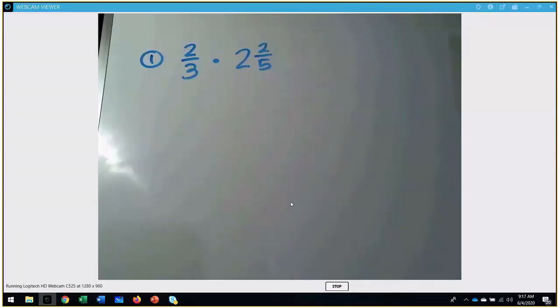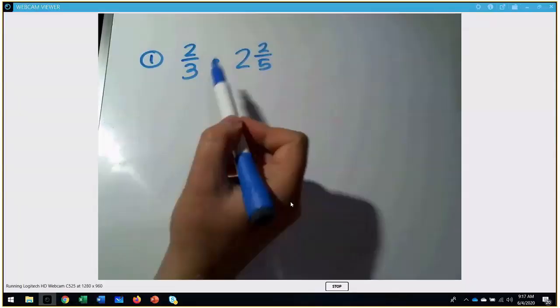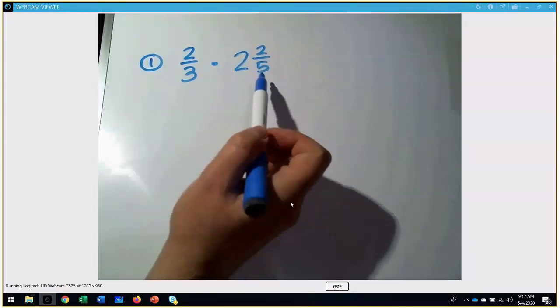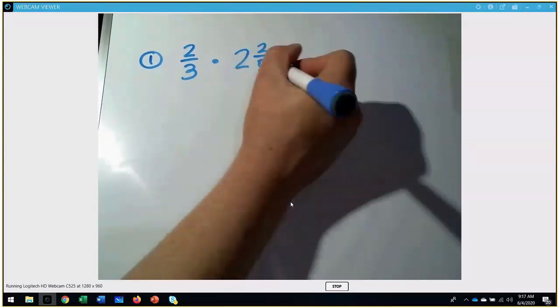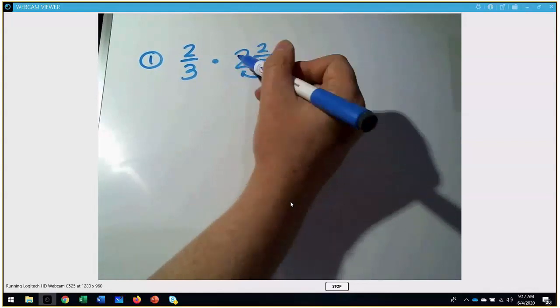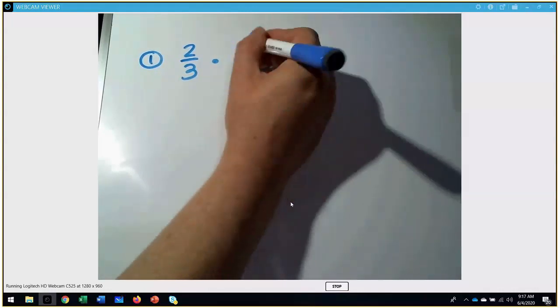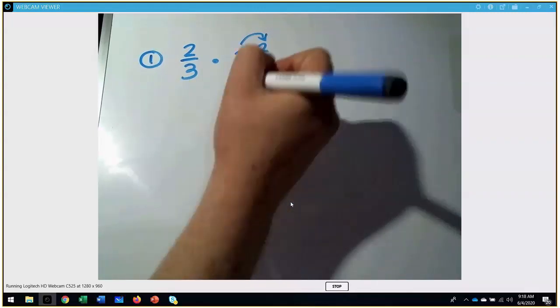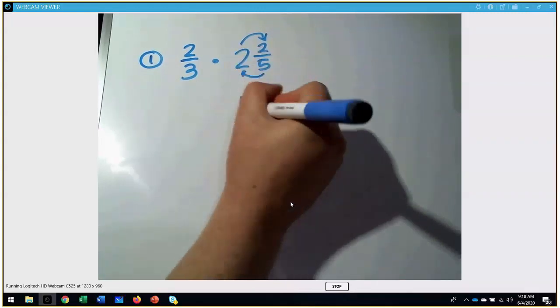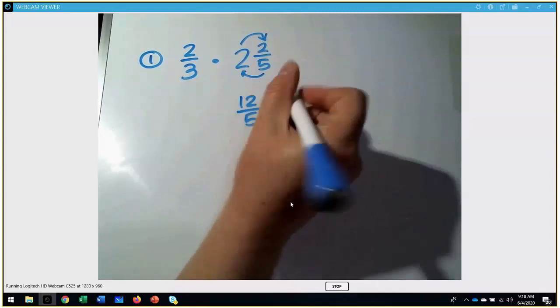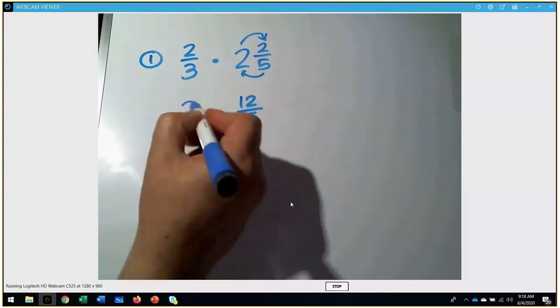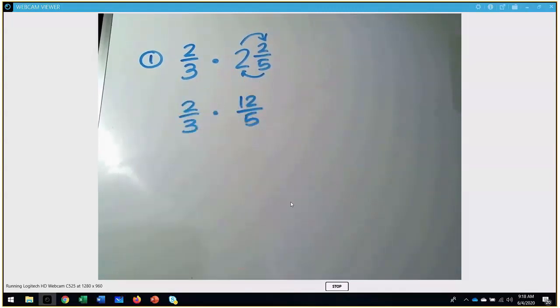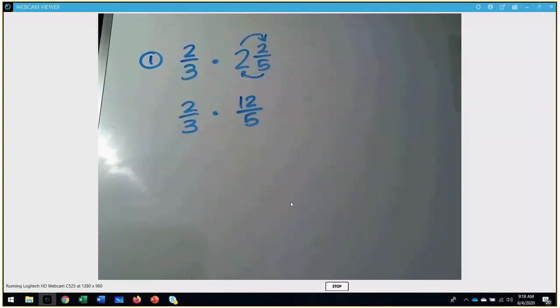All right, here we go. So the first step I have is I need to convert this. So I'm going to multiply. 5 times 2 is 10. Then add. 10 plus 2 is 12. Keep the denominator. My second step, I'm actually going to do this in 2 different ways.